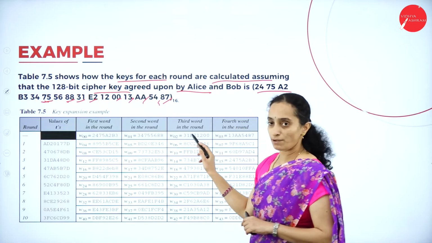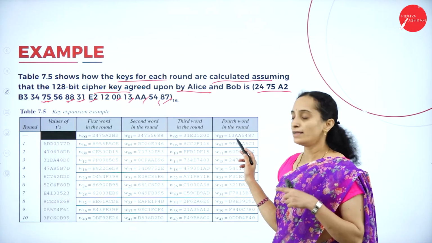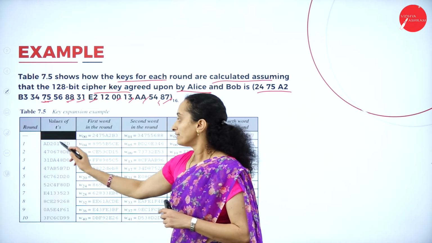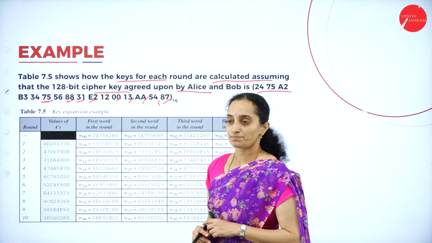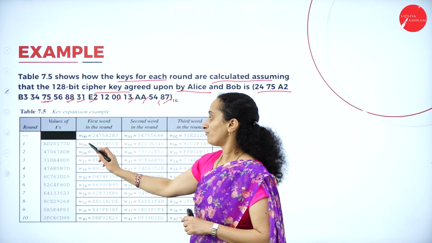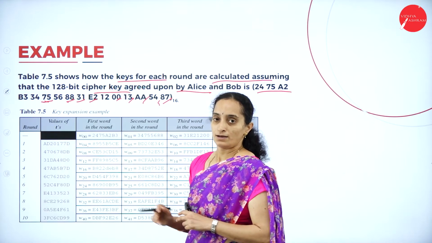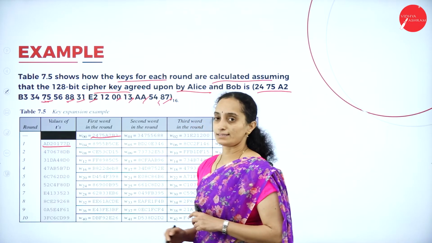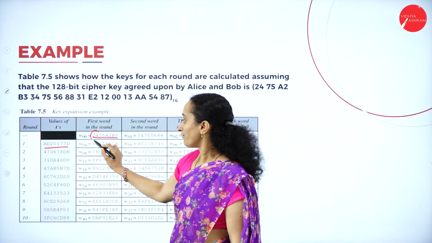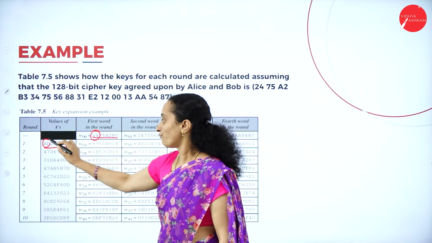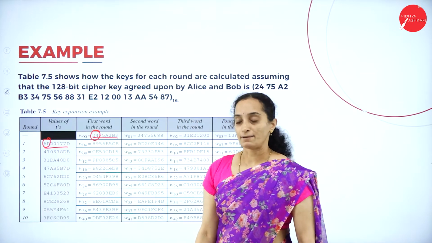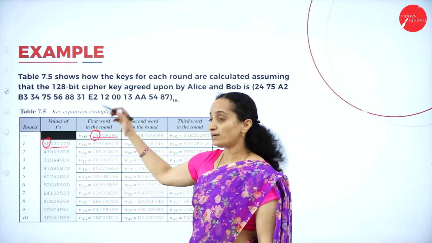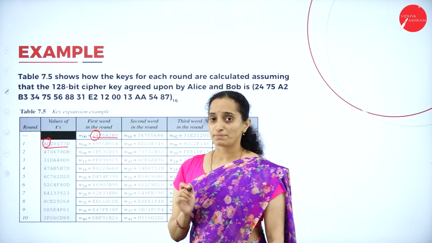This is taken from the cipher key with 128 bits. Then we have the temporary word that can be combined. So W4 will be obtained by XORing this and this. Let's check the first byte of the temporary word and the first word from the 128-bit key.